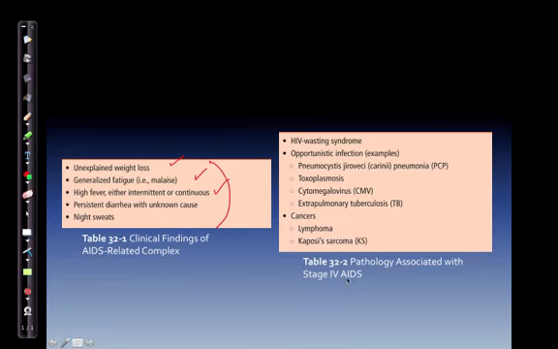Table 32-2 in your book, pathology associated with stage 4 AIDS, HIV wasting syndrome, the opportunistic infections. We get a certain type of opportunistic infections that we see more often: pneumocystis pneumonia, toxoplasmosis, cytomegalovirus, and then extrapulmonary tuberculosis. Tuberculosis in the kidneys and other organs. Cancers that we see are lymphomas and Kaposi sarcoma.